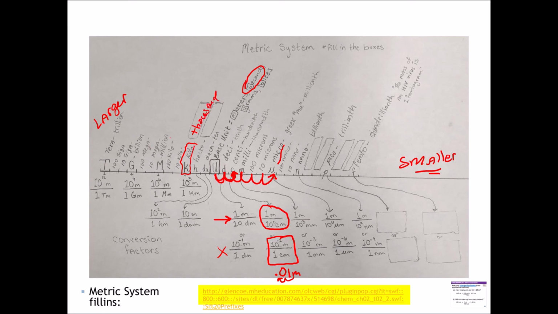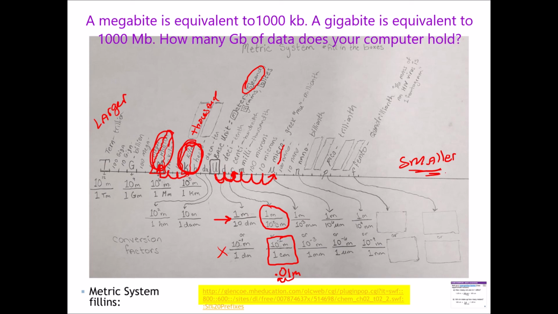And here's mega. Mega stands for million. 1, 2, 3 powers of 10. So 10 to the 3rd kilo make up a mega. Remember, kilo is smaller. So the 10 to the 3rd goes with kilo, not with mega.